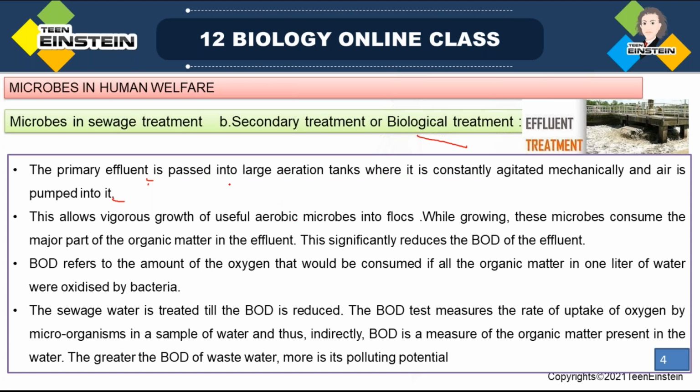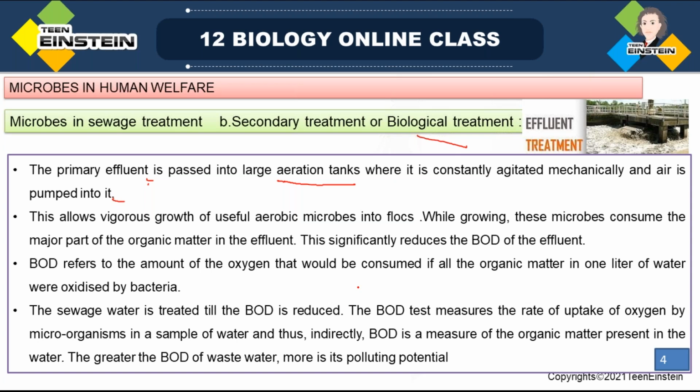During that stage, the effluent formed after the primary treatment is passed into large aeration tanks, and there it gets agitated constantly while air is also pumped into it.